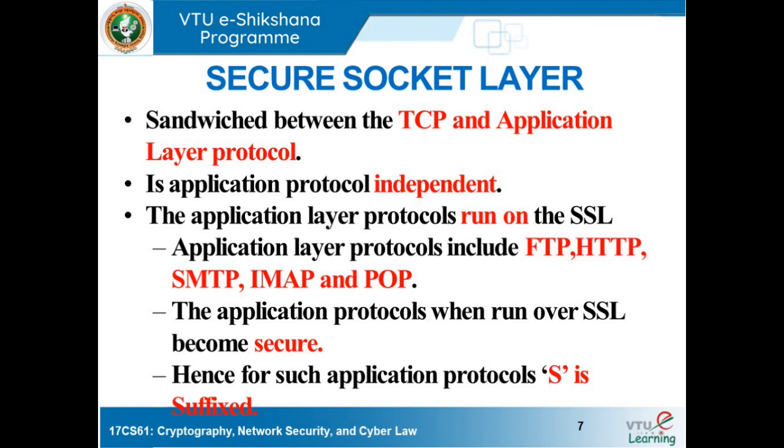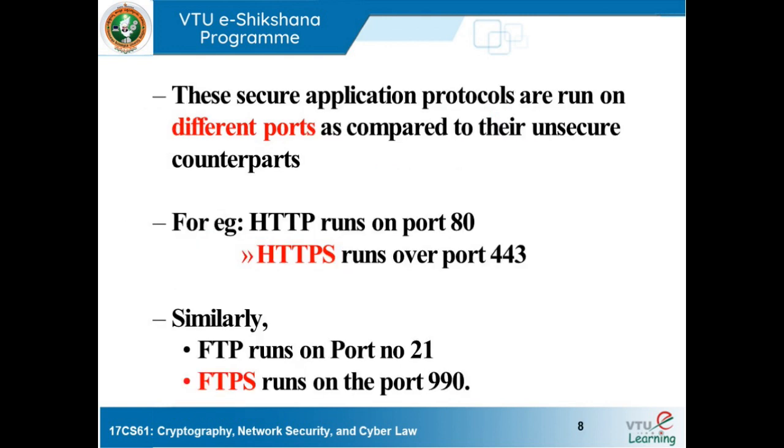Now, all of these application layer protocols run on a particular port, or they are allotted a particular port. FTP is allotted port number 21 and HTTP is allotted port number 80. The secure counterparts of these protocols cannot run on the same port numbers. They are allotted different port numbers to run securely.